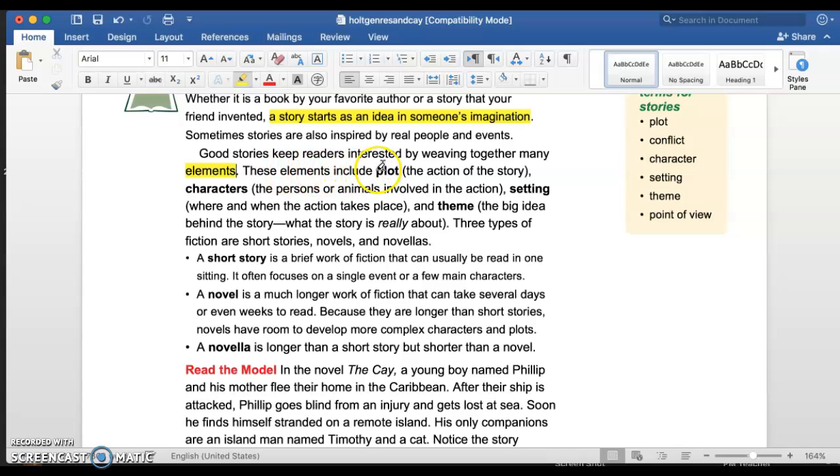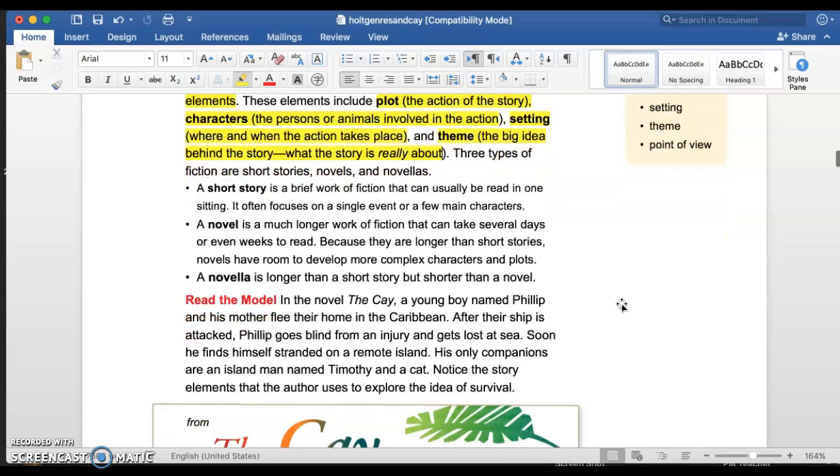These elements include plot, which is the action of the story, characters, the people or animals involved in the action, setting, the where and when the action takes place, and theme, the big idea behind the story, what the story is really about. Three types of fiction are short stories, novels, and novellas.